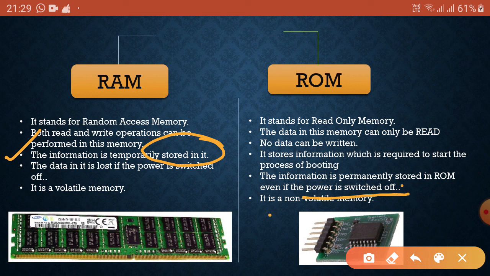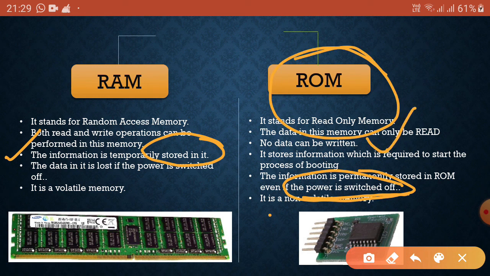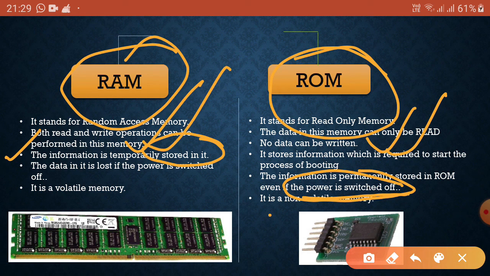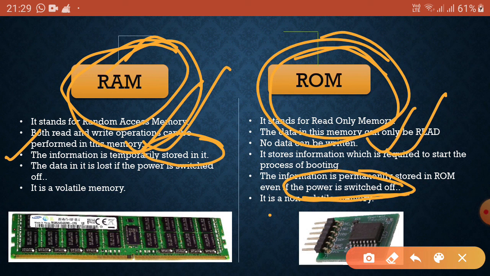So if the power switch of the computer is off, the information inside the ROM will be there, but in RAM the information will be lost. So RAM is called volatile memory and ROM is called non-volatile memory, as it retains the information inside it.